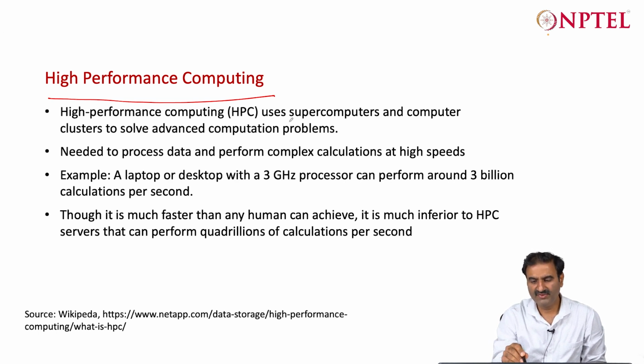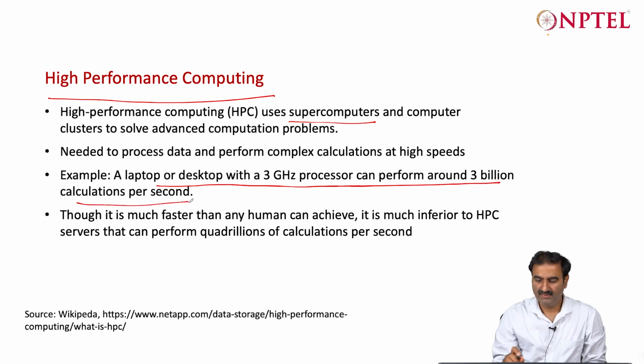So basically it uses heavy duty workstations or supercomputers to solve advanced problems. A typical 3 gigahertz processor can do like 3 billion calculations per second, but right now we are talking of much bigger than that in HPC.